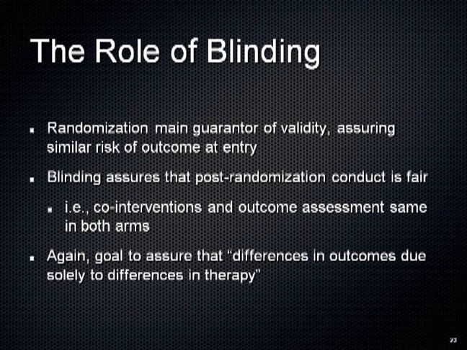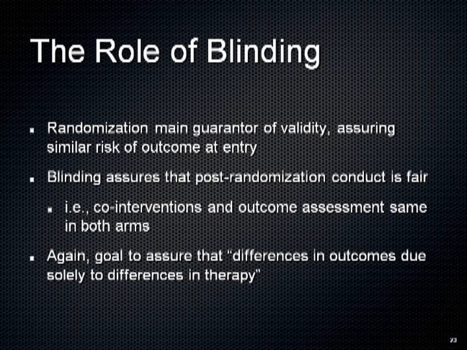Now, let's talk about blinding, because blinding is important. Remember, randomization is the main guarantor of validity, assuring similar risk of outcomes at entry. All right? Blinding assures that post-randomization treatment is fair and balanced, i.e., the co-interventions and outcome assessment are the same in both arms.